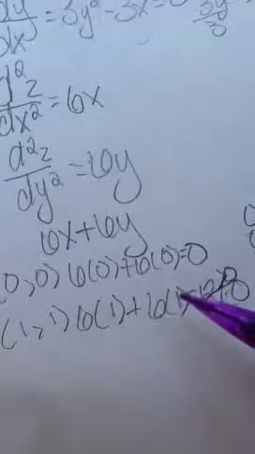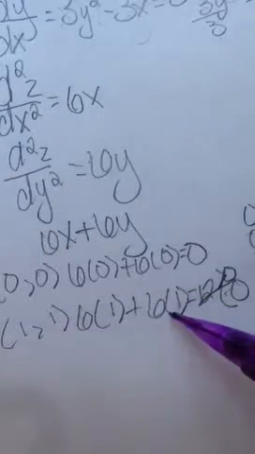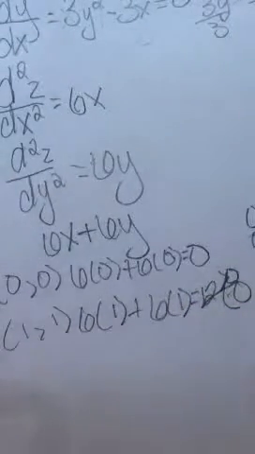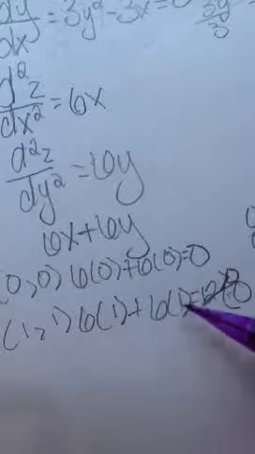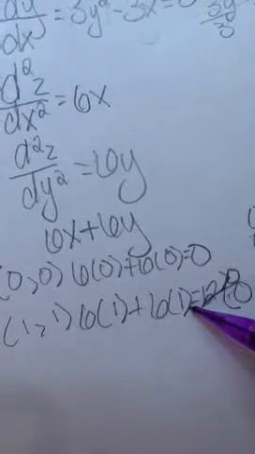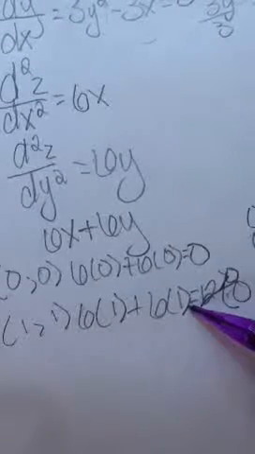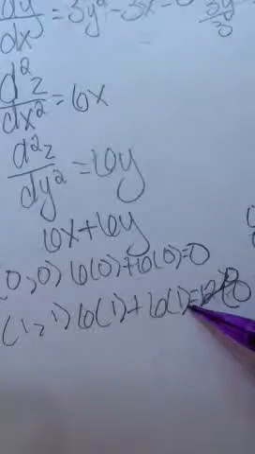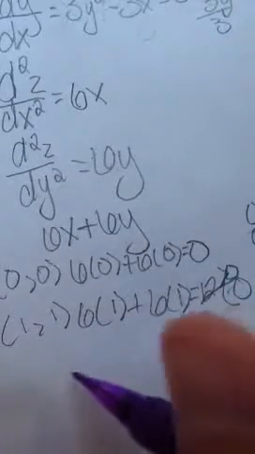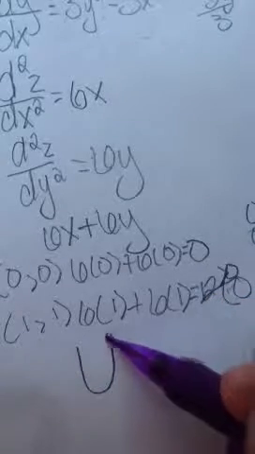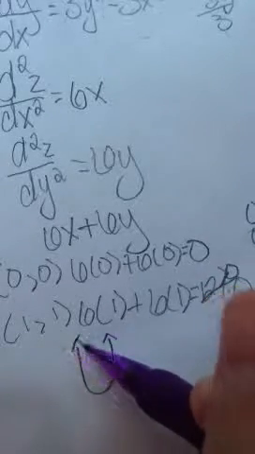Because this is greater than 0, it means that this is a concave up function. And because it is concave up, that means that it would have to be a local minimum. Because remember, when you have a concave up function, it could look like this.